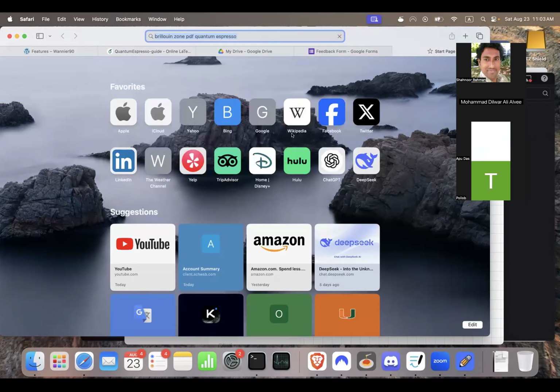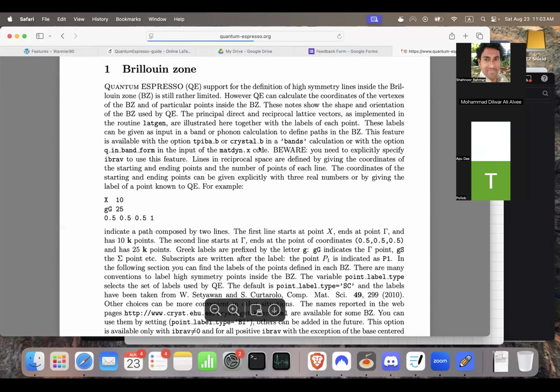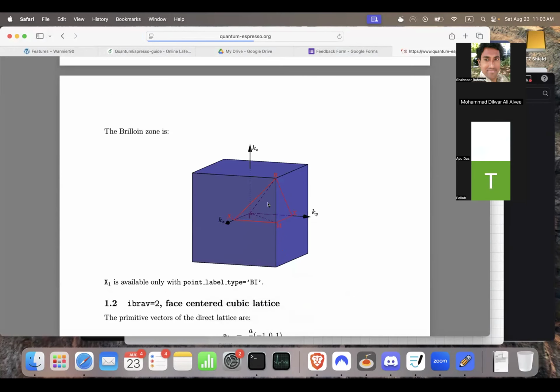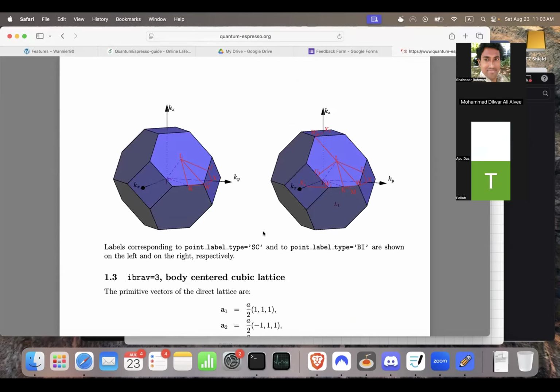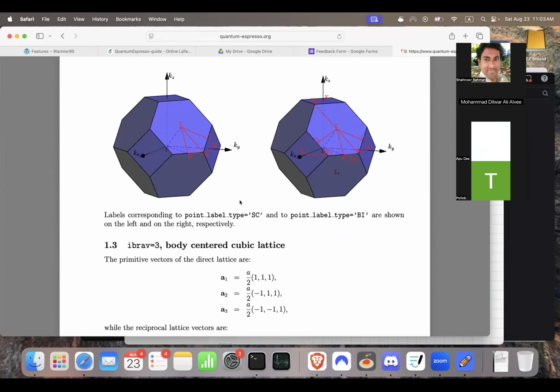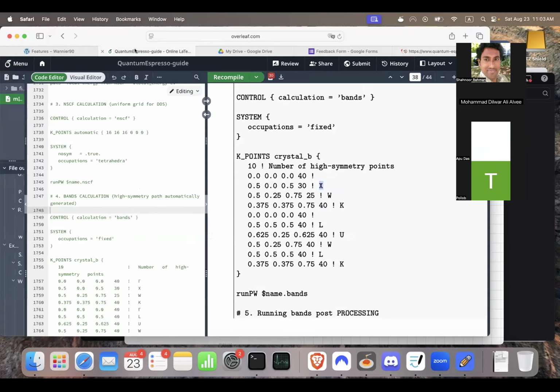I think I showed this document before, right? There are standard definitions of gamma, X points, all here. So this is the unit cell in k space or reciprocal space. Along which path you move can be specified like this. That's how the k vector and fractional coordinates are related.